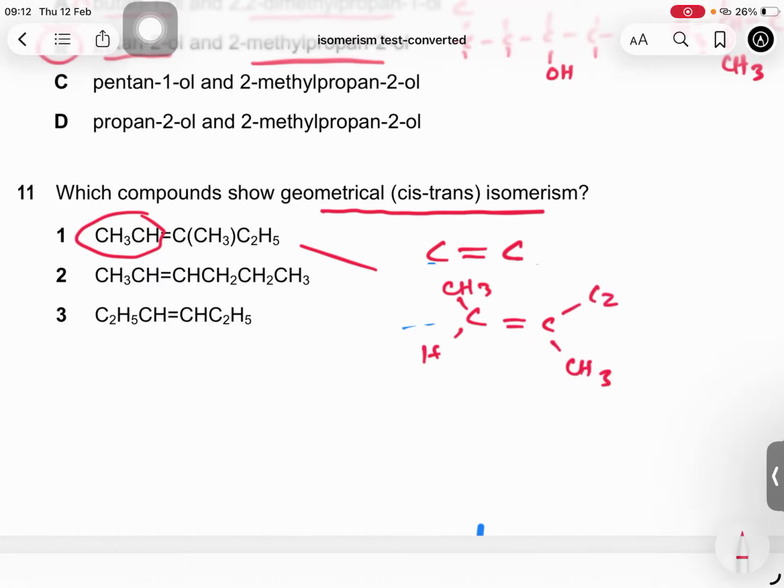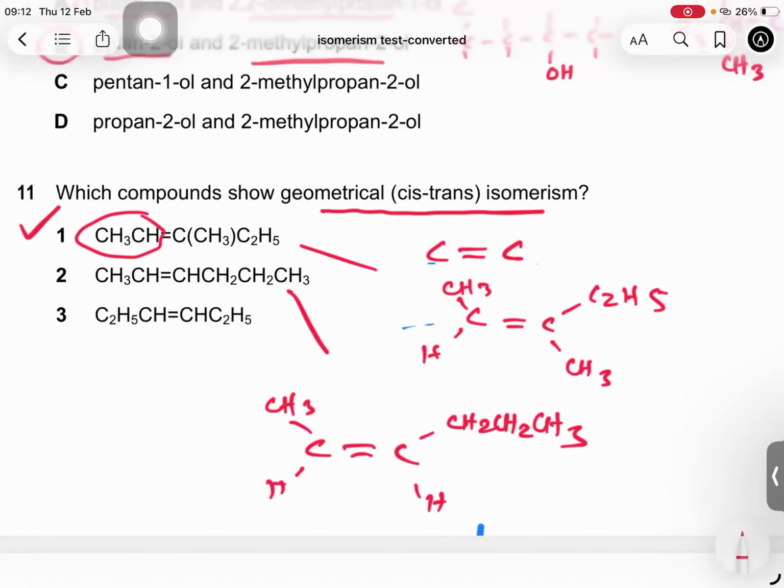H and C2H5. Yes, they will have the cis-trans because there is a double bond and there are 2 different groups attached. इसी तरह 2 पे आ जाएं. In 2 there is a double bond, H and CH3, H and CH2, CH2 and CH3. Do they have different? Yes, so it also has cis-trans isomerism.